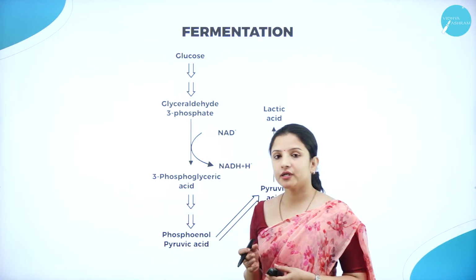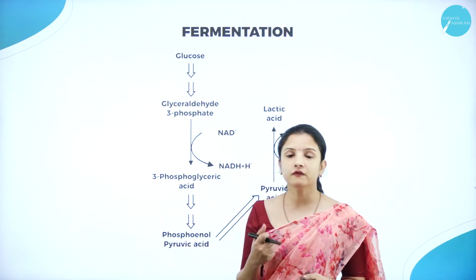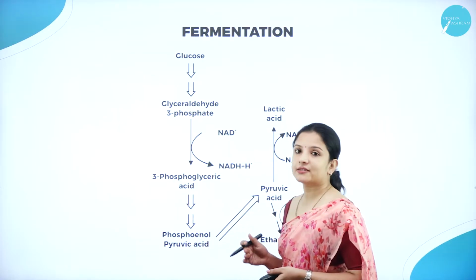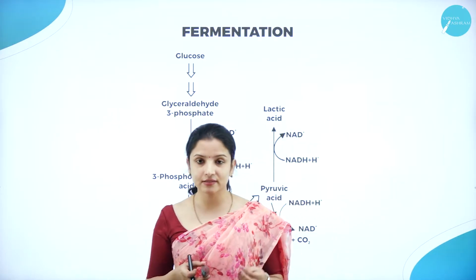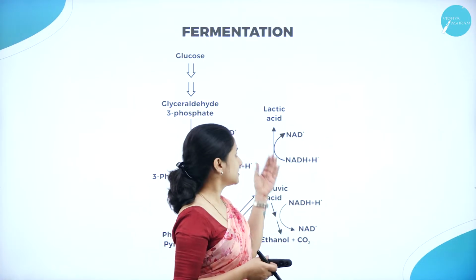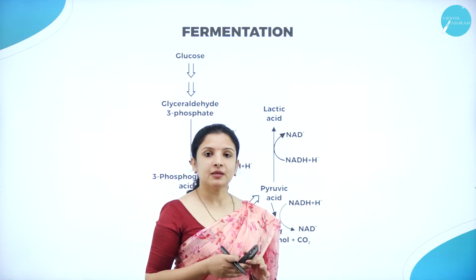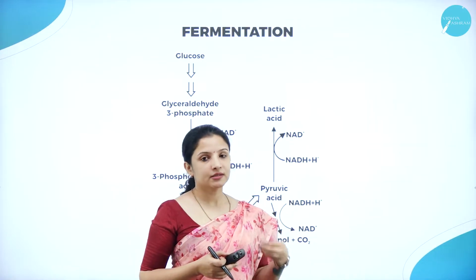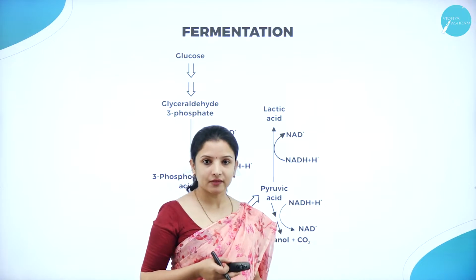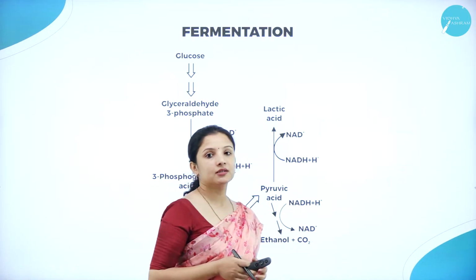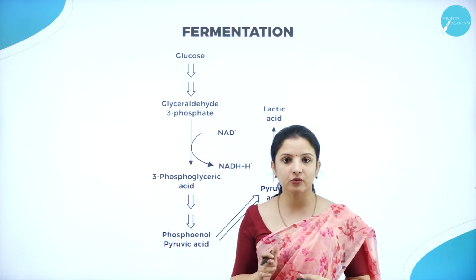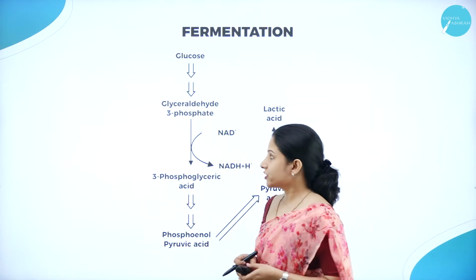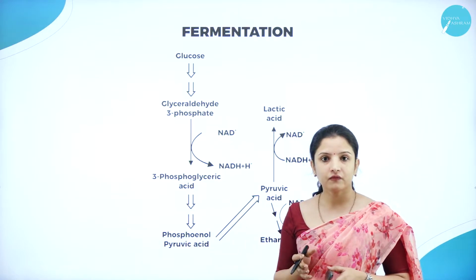During that time, enough oxygen will not enter into our body, and the pyruvic acid gets converted into lactic acid, and because of that conversion we sometimes experience muscle cramps during any strenuous activity or sports activity. We experience muscle cramps because of the conversion of pyruvic acid to lactic acid in the absence of oxygen. So that is about fermentation.